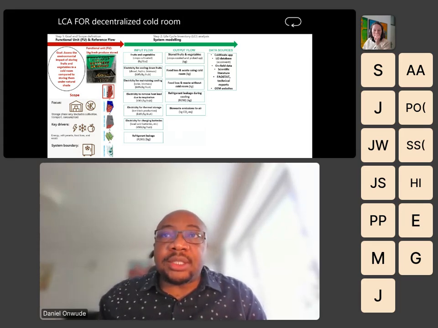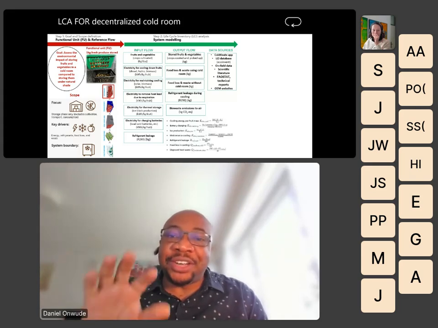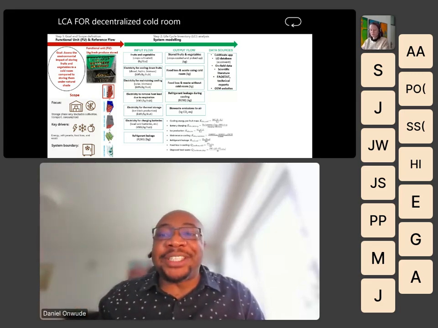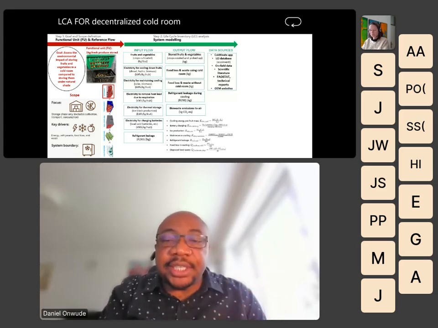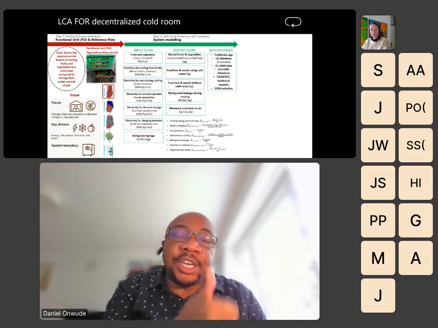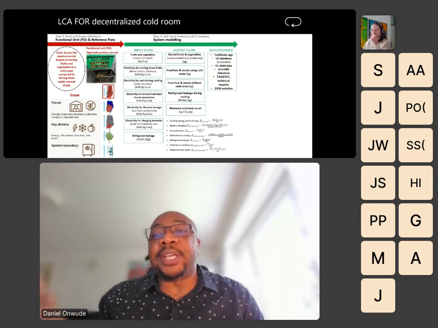Okay, just to show some of the equations that we used for this calculation. You don't need to think too much about this, but anyways, these equations allowed us to break down the electricity and material usage in the cold room, whereby each step from initial cooling to storage maintenance, battery charging, and even food loss is accounted for.